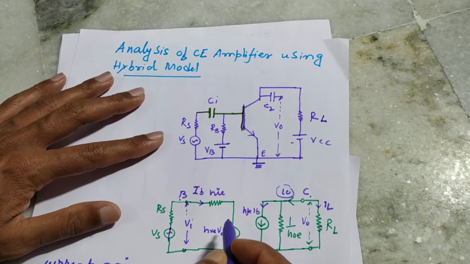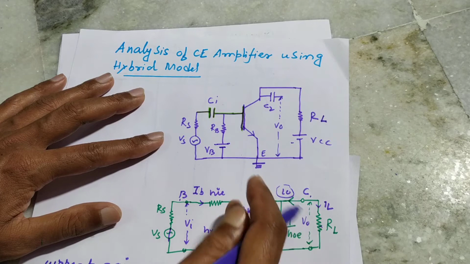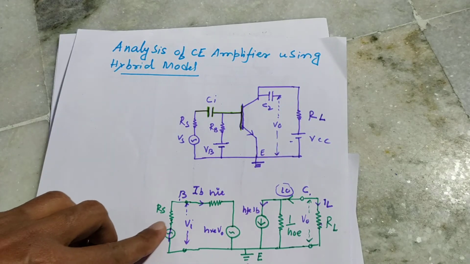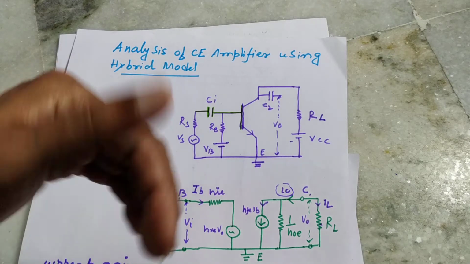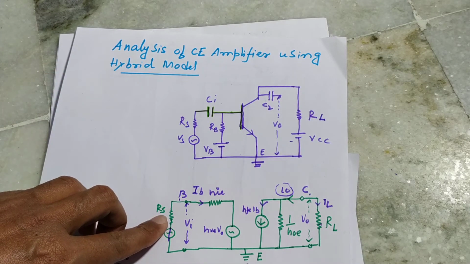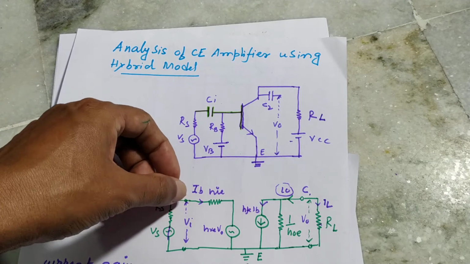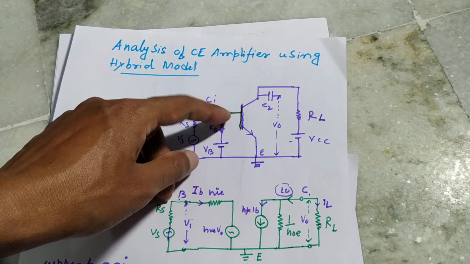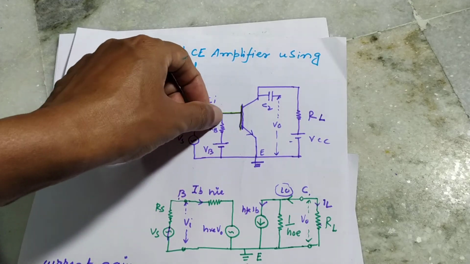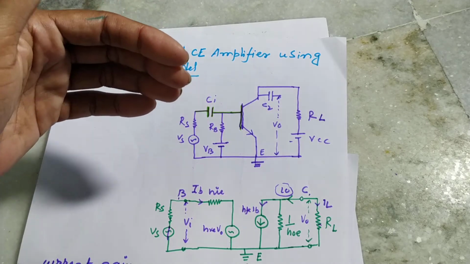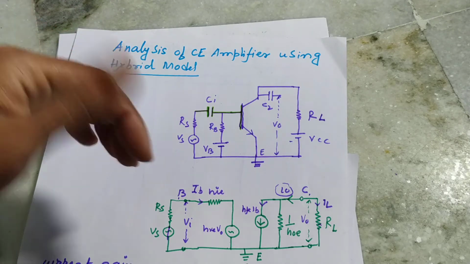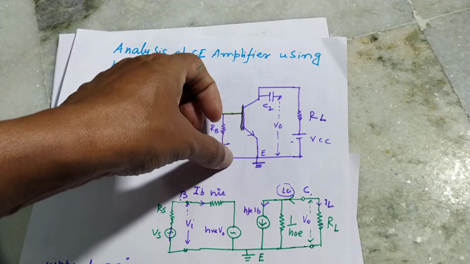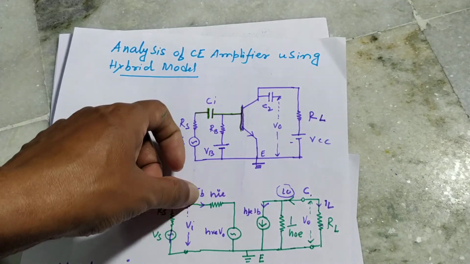So this is the h parameter AC equivalent circuit for the transistor only. In addition to the hybrid parameter circuit of the transistor, there is an AC signal to be amplified, and this is the source resistance, but there is no biasing resistance. Actually the biasing resistance has a very high value, and since it appears in parallel to the input terminal, it behaves as an open circuit.